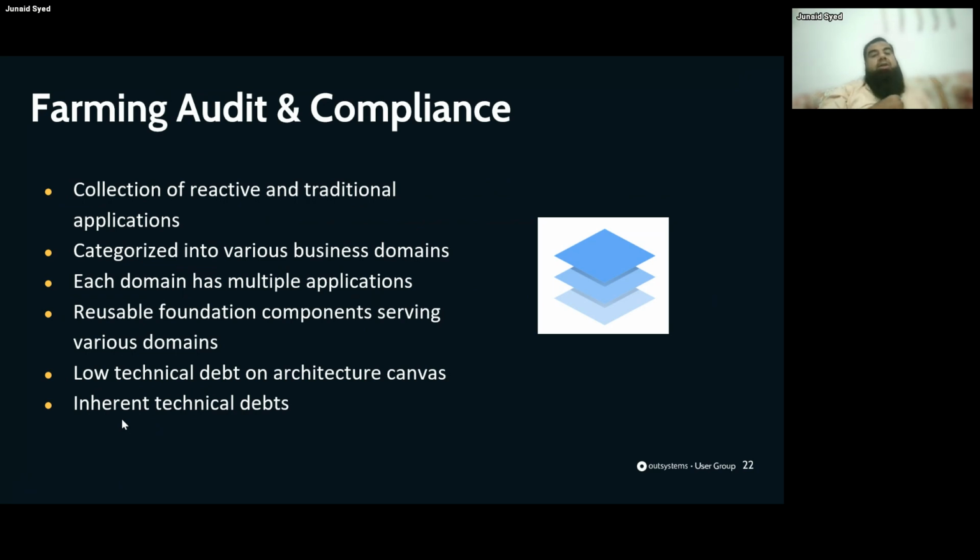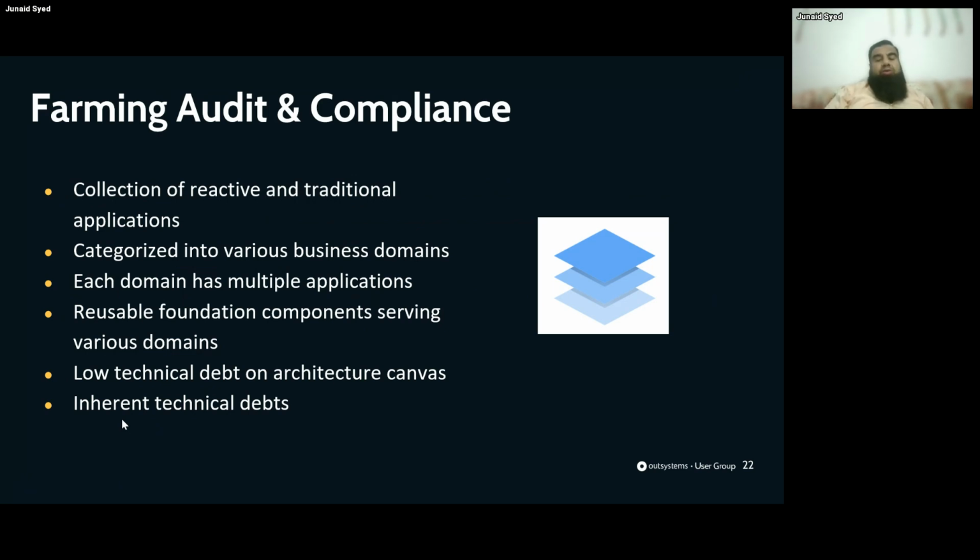The application would collect all the information from the farming organizations, perform an audit, and then tell whether they are compliant or not with the standard practices of farming.